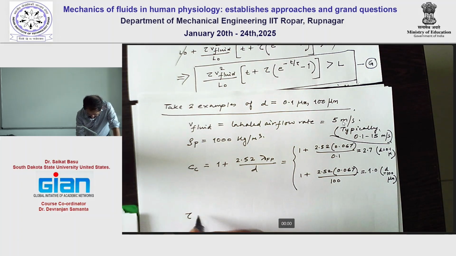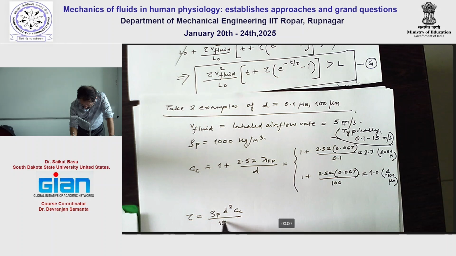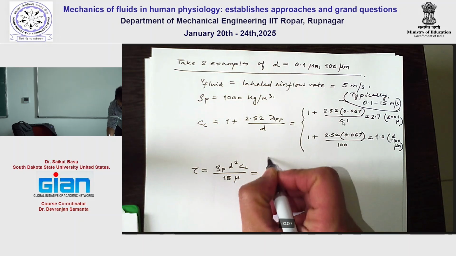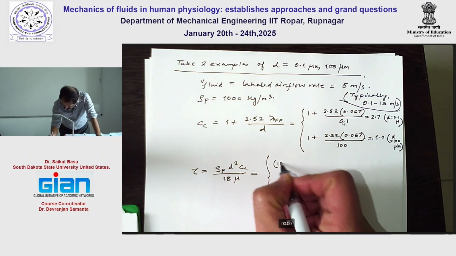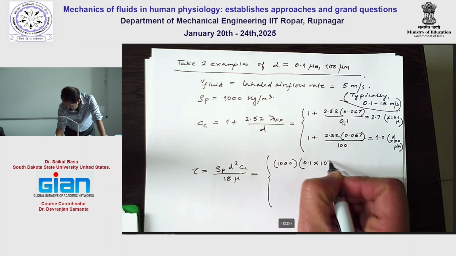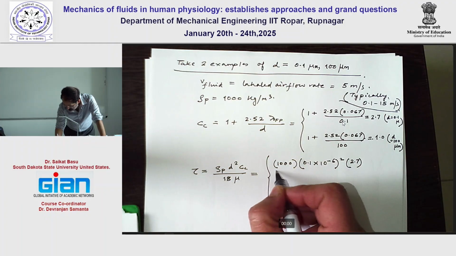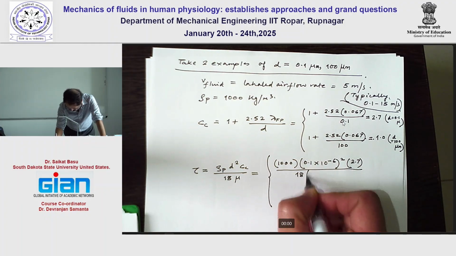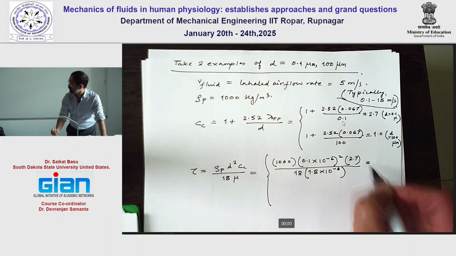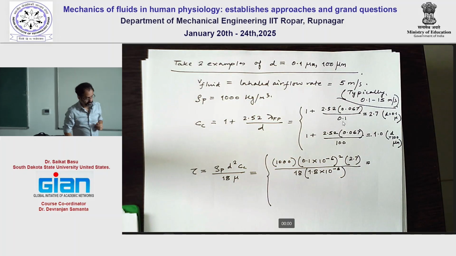So tau is rho P d squared Cc over 18 mu. So this is equal to 1000, the density, times 0.1 micron, the first particle size, squared, times 2.7, its slip correction factor, divided by 18 and 1.8 times 10 to the power of minus 5 kg per meter second, the value that we have been using for the viscosity coefficient of air.